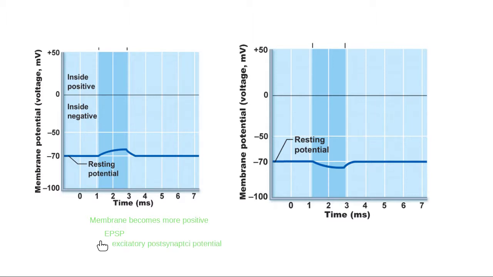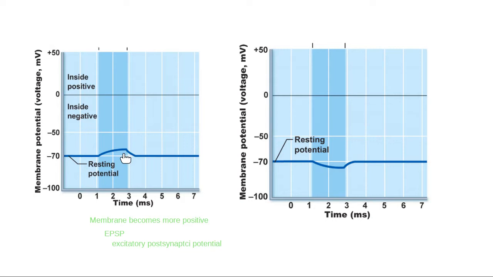Sometimes what happens to a neuron when a message comes and opens up a channel is that it lets ions inside that have a charge that makes my membrane more positive. I opened up a channel and in rushed, here we'll tie into our group work, sodium, and my membrane charge got more positive.